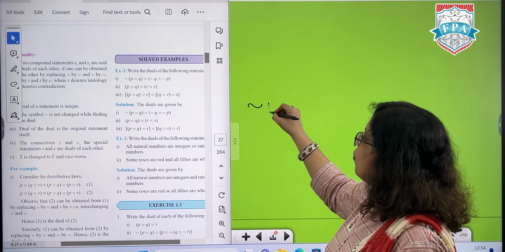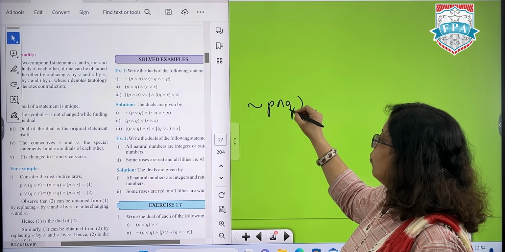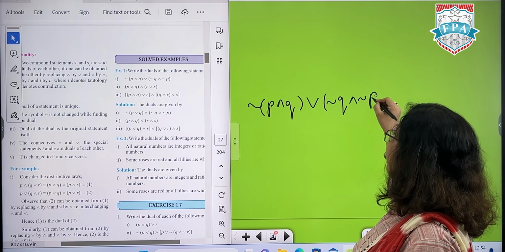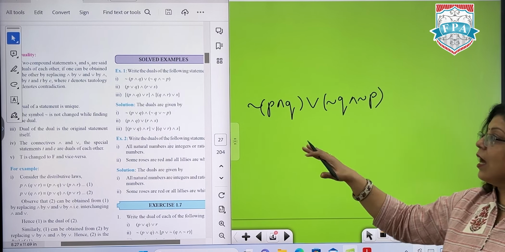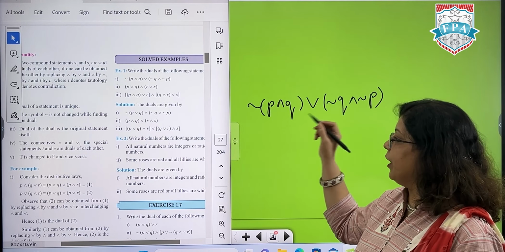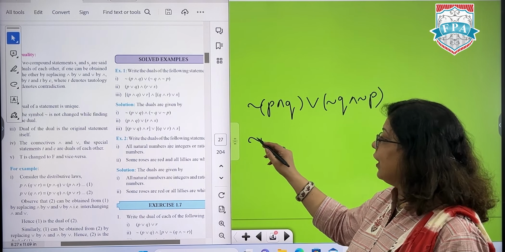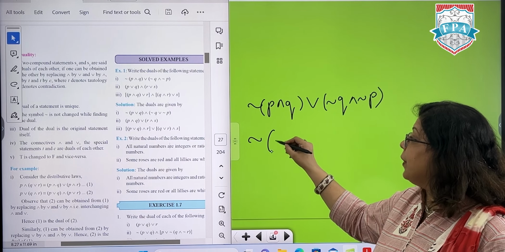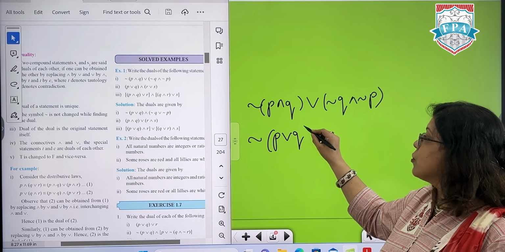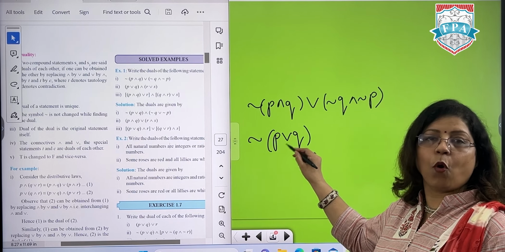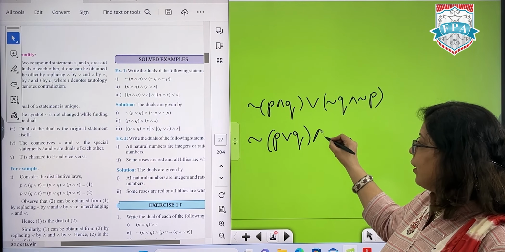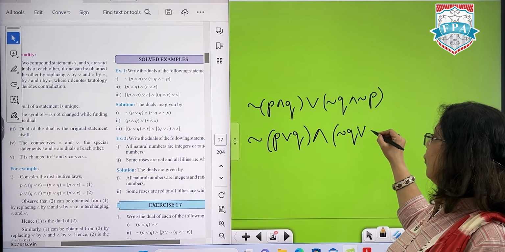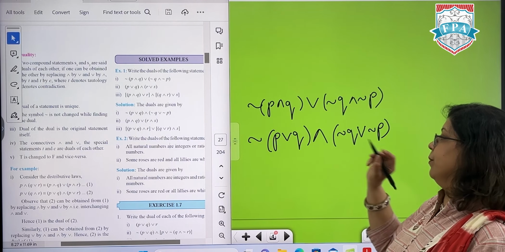So negation of P and Q, or negation of Q and negation of P. Now if I have to write its dual statement, the dual will be given as negation of P or Q. Negation, as I just said, will not be dualed, it will be the same. So and I converted to or. This or will get converted to and, then negation of Q, again and will be converted to or, negation of P.